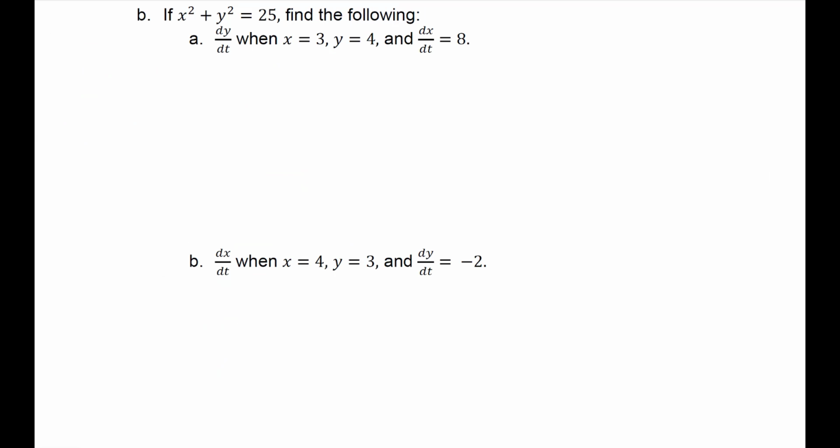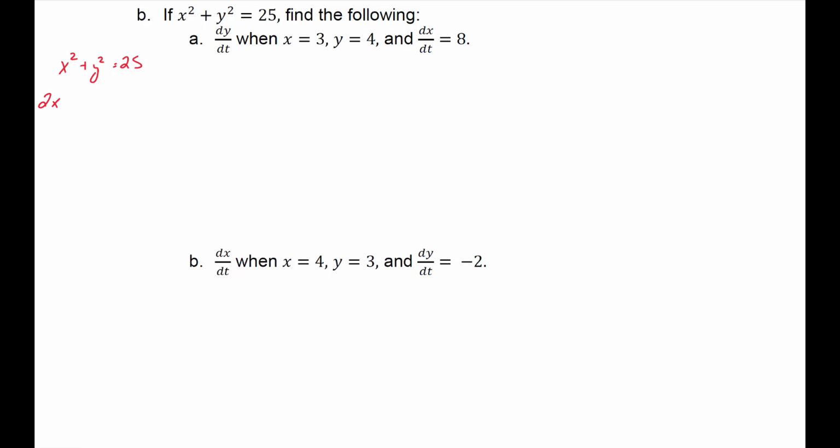All right, so for the second part of example 1, we're still assuming x and y are differentiable functions of t. Now we have the equation x squared plus y squared equals 25, and we still want to find dy/dt whenever x is 3, y is 4, and dx/dt is 8. The first thing is to find our implicit derivatives. Implicitly differentiate this entire thing with respect to time.